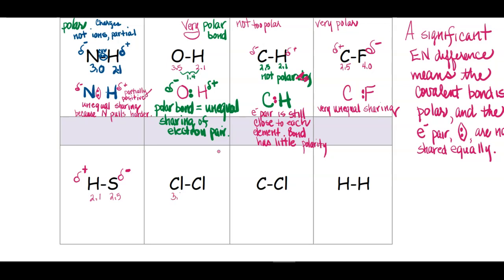So regardless, 3.0, 3.0, there's no electronegativity difference, meaning this is not a polar bond. Whereas this guy is not very polar at a 0.4 difference, but it's a little bit polar.